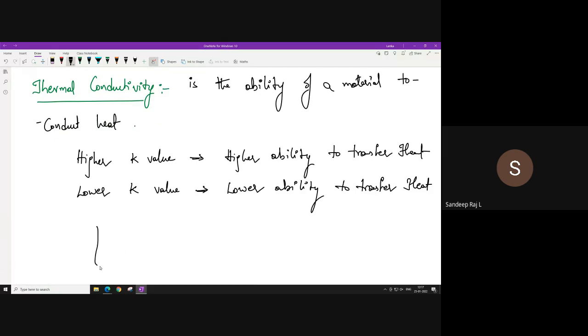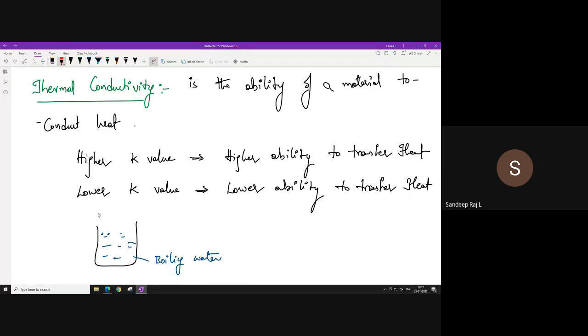Okay, take hot boiling water. So here you have boiling water, and in this boiling water you have a spoon.